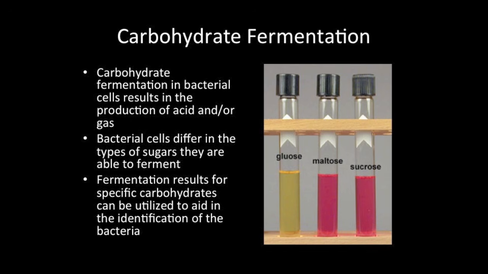In order to determine whether the carbohydrate is being fermented, we must be able to detect a change in pH of the medium as the acid byproduct is produced. So carbohydrate fermentation media always contain a pH indicator that changes color as the pH changes.